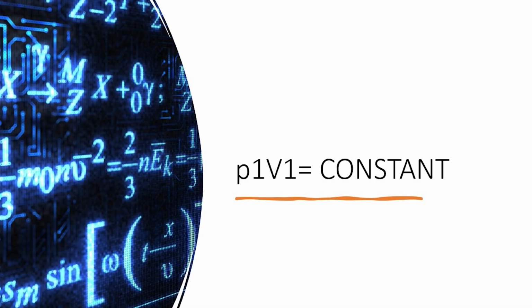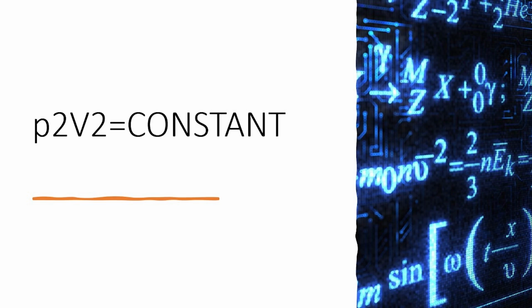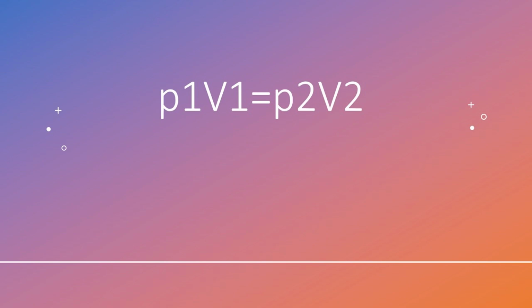Please try to represent these states according to Boyle's law. So we can write Boyle's law for state 1 as P1 V1 equal to constant, and for state 2, P2 V2 equal to constant. So for the change in state from 1 to 2, the equation becomes P1 V1 equal to P2 V2.